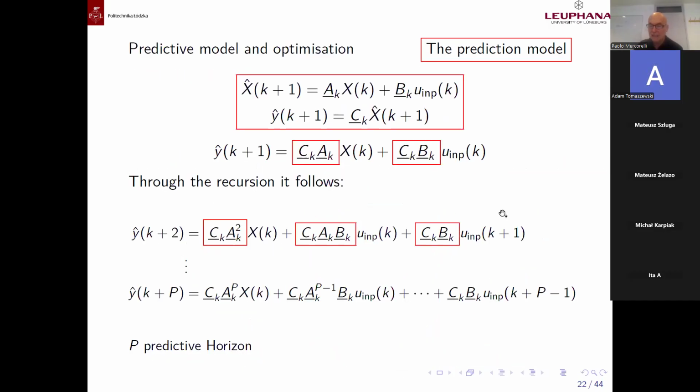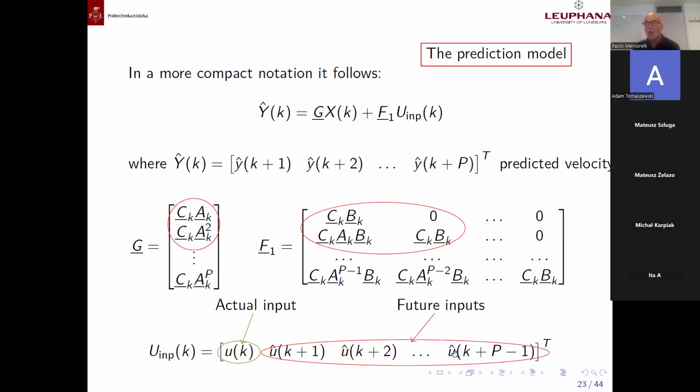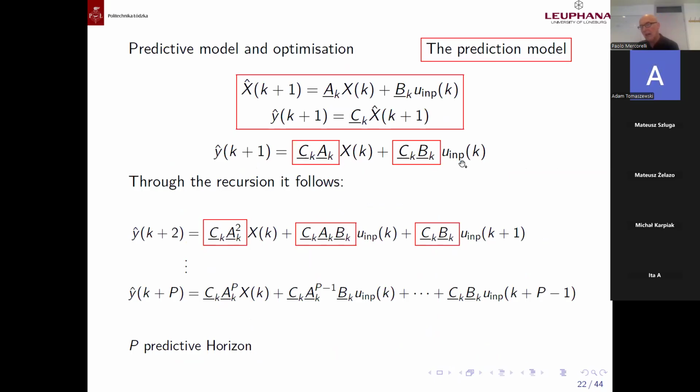It's exactly the element related to U input which appeared here. Colloquially, I organized everything in a column vector. Try to figure out, this is the first element, then the second element, up to the P element of a column vector.